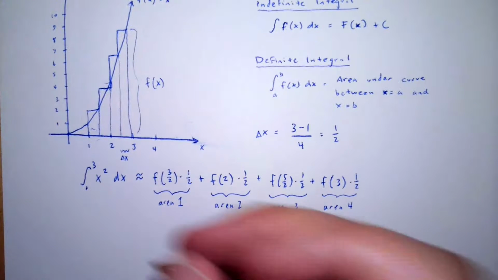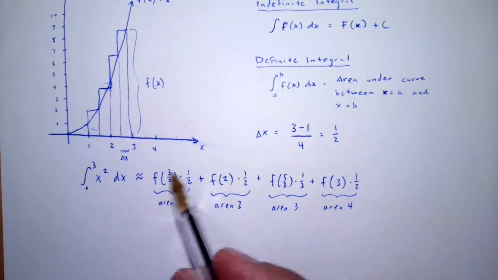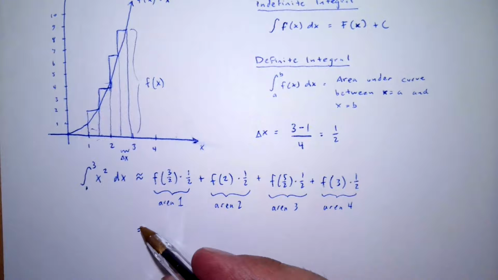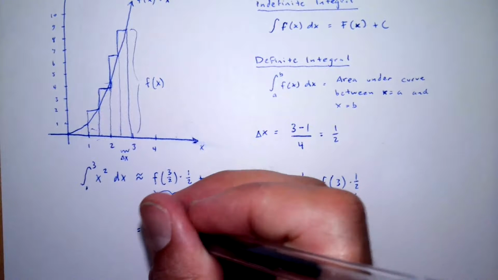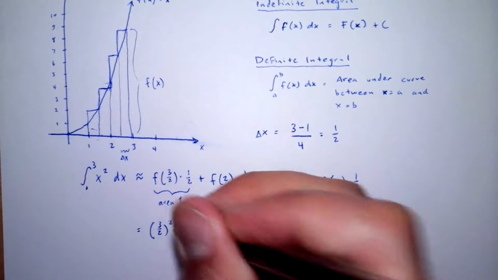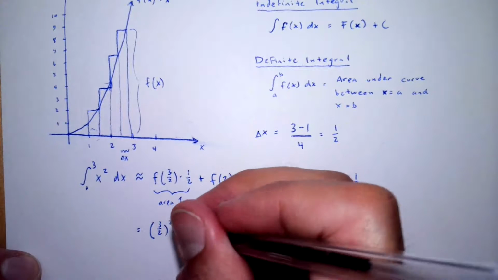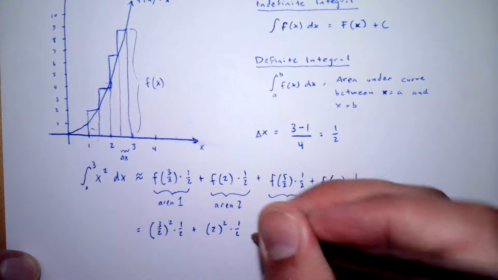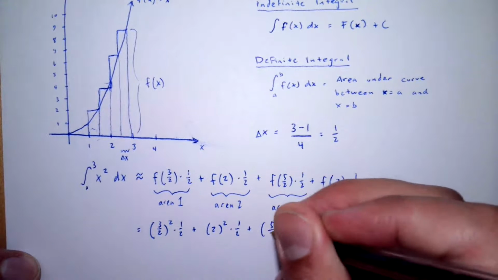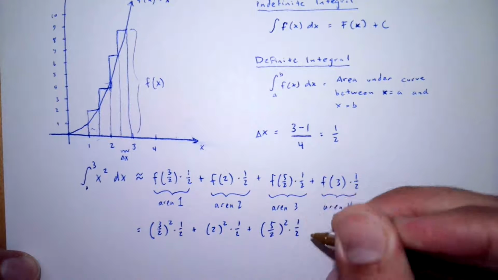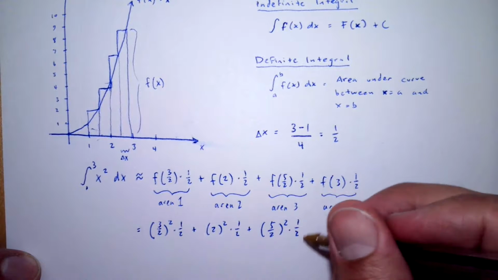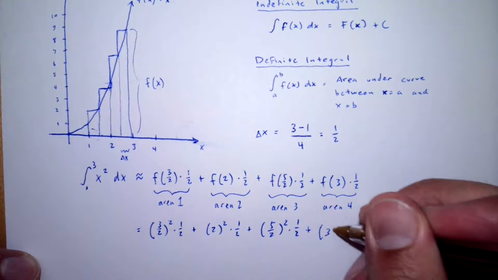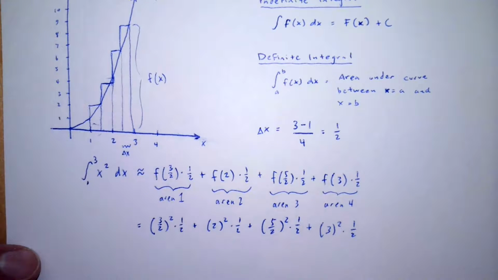And then to just crunch the numbers here. So this was approximate because this is not exactly the area we're looking for. But this is equal because this is going to be equal to what we had up there. So this is 3/2 squared times 1/2 plus 2 squared times 1/2 plus 5/2 squared times 1/2 plus 3 squared times 1/2.